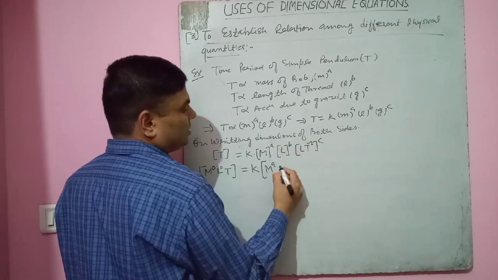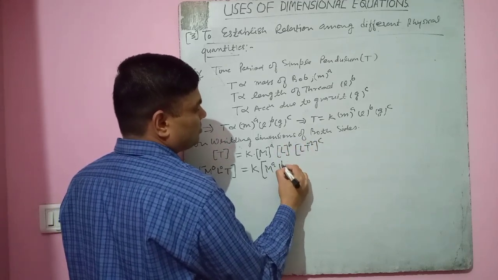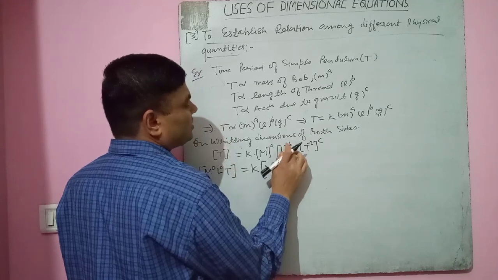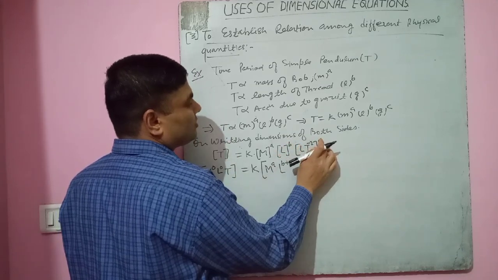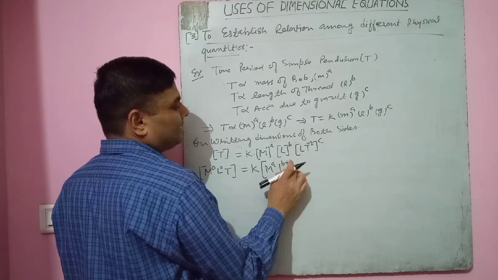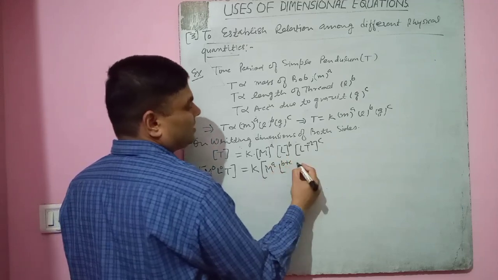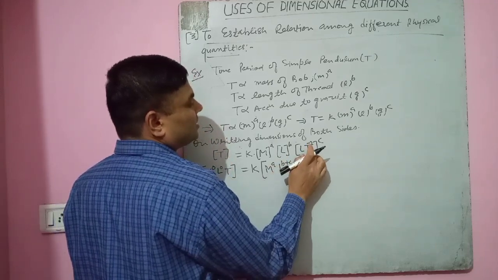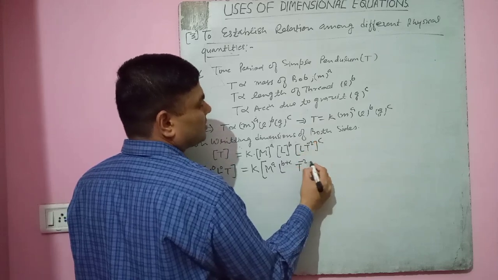These powers will add, so L raised to the power b plus c, and T becomes T raised to the power minus 2c.